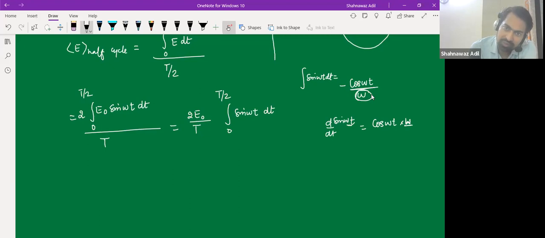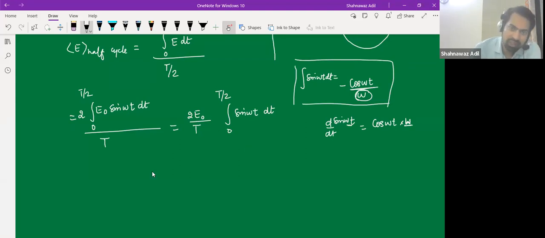Understood, everyone? So how do we get this integral? This we had done in the previous class, so please look at that. We will directly use that, and this would be 2 E naught by T, and this is minus of cos omega t by omega, from T by 2 to 0.